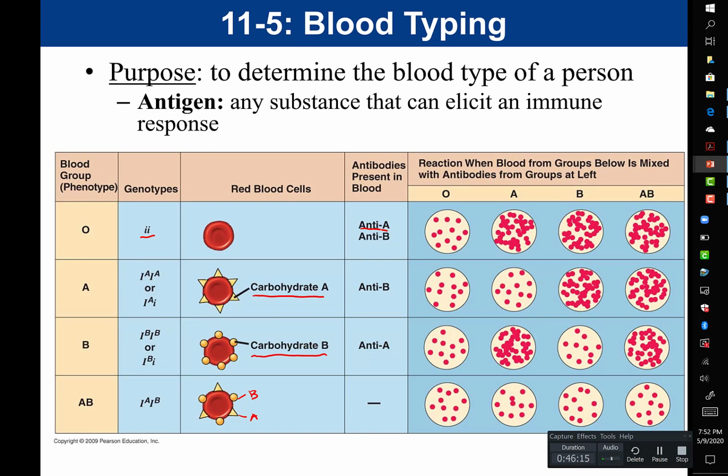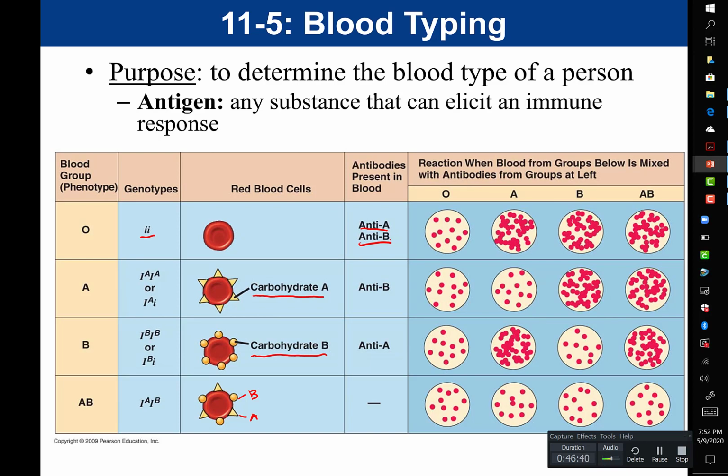If I'm blood type O, that means that I also produce anti-B antibodies because B is seen as foreign as well. If I'm O, I don't make B carbohydrates. So somebody who is O makes antibodies that are anti-A and anti-B.